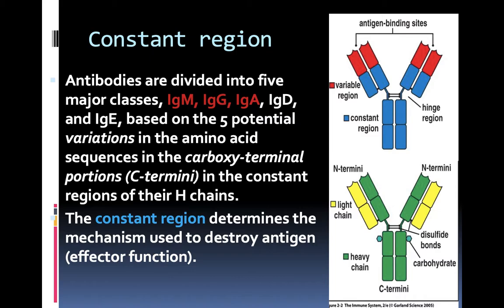The fragment crystallizable region. So antibodies, we divide into several types. The major classes, which we will also cover in this lecture, are IgM, IgG, IgA, IgD, and IgE.